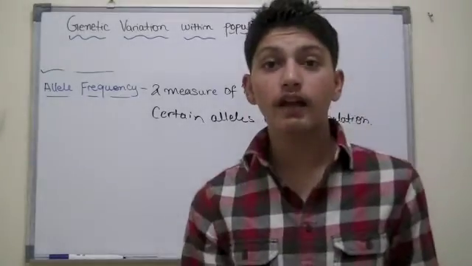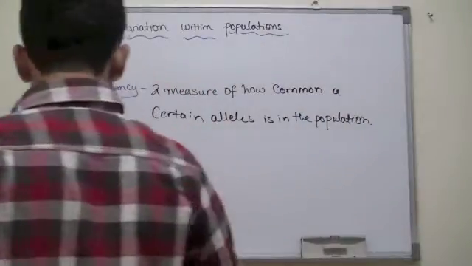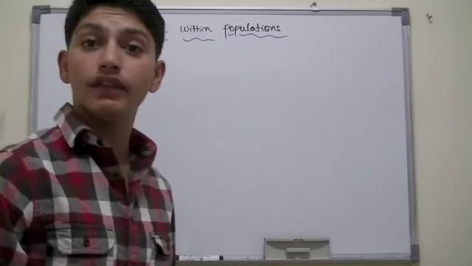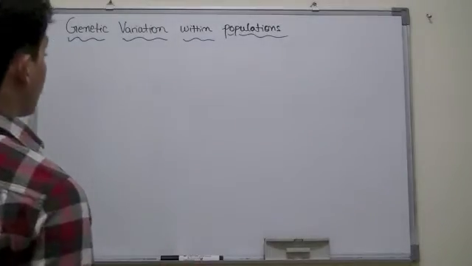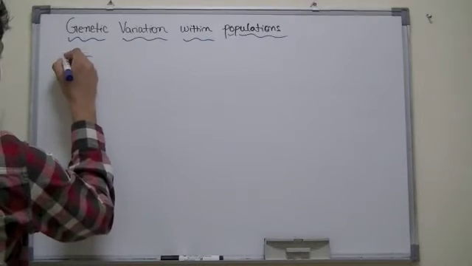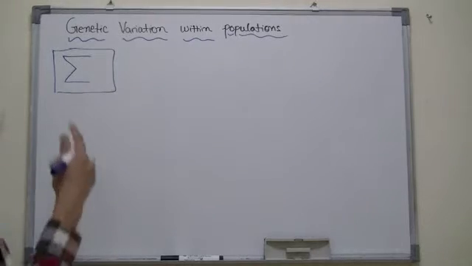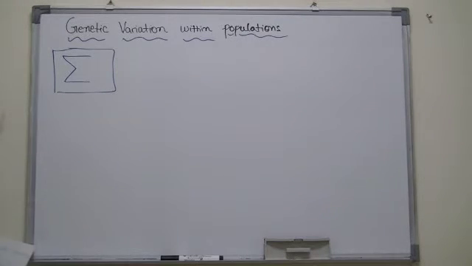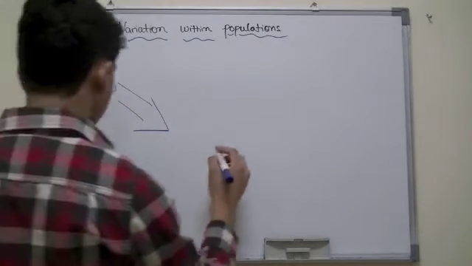Now, the diagram to calculate the allele frequency is what I'm going to show you right now. The diagram looks like a capital sigma sign, but it's a different kind of sigma sign, not exactly like this. The diagram is something like this.